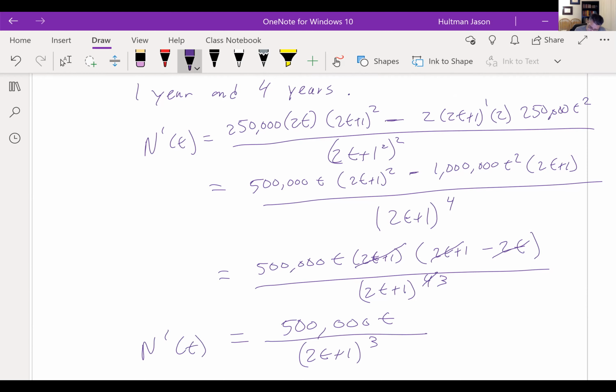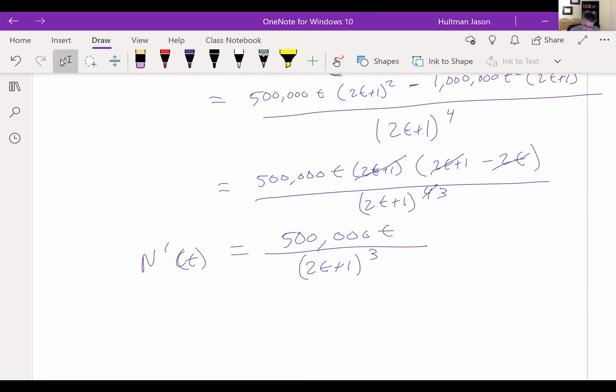That's the instantaneous rate of change of the number of watches sold after t weeks. So let me write that out.